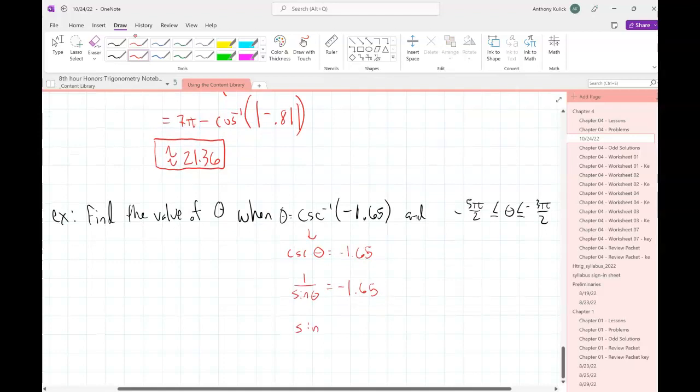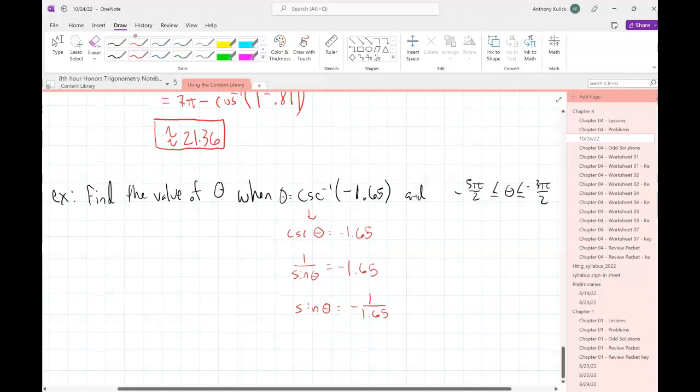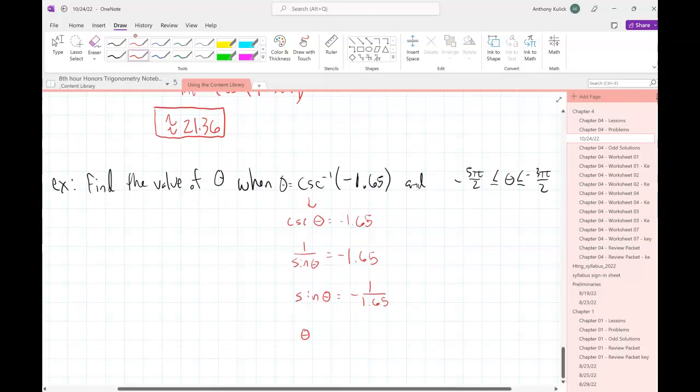If I flip both sides of my equation, then I know that sine theta is equal to negative 1 over 1.65. And if I apply the inverse, then theta is sine inverse of negative 1 over 1.65. There, that problem's solved. I've rewritten that in terms of something I can type into my calculator.